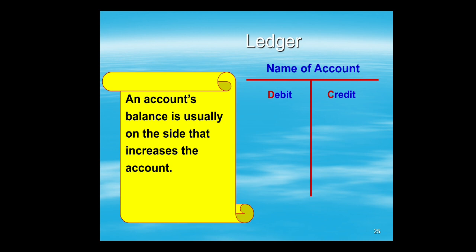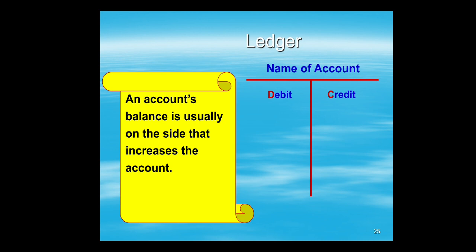You have to transfer all the data from the journal into these accounts, and after you have transferred all the data from the journal to the ledger, you have to close all the accounts. There is a way to do that, and you will see the way in another video I prepared to show you how to do this process.